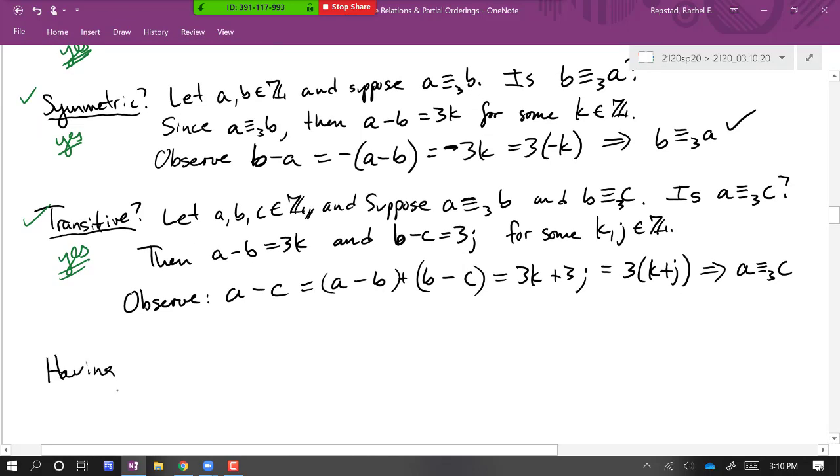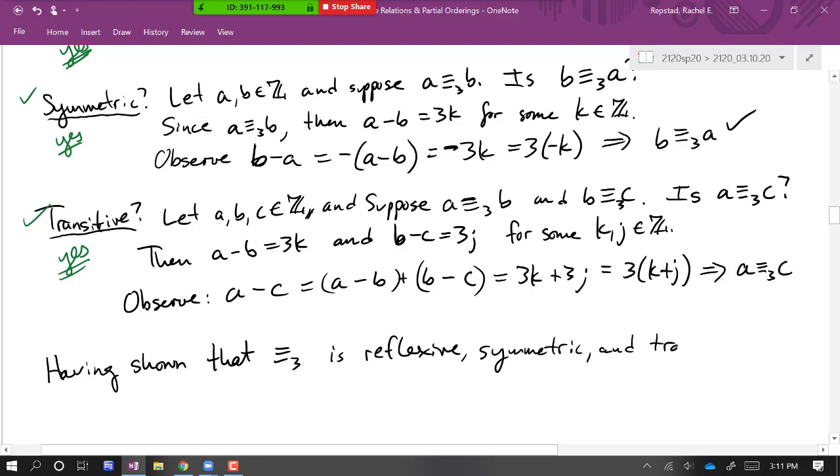So, having shown that this is reflexive, symmetric, and transitive, we conclude that this is an equivalence relation on the integers.